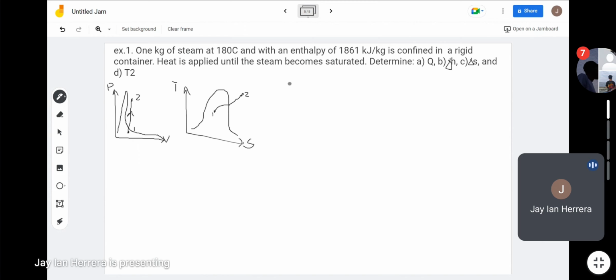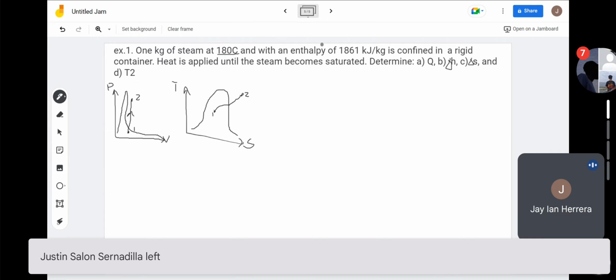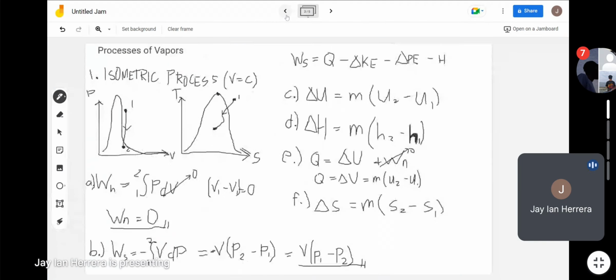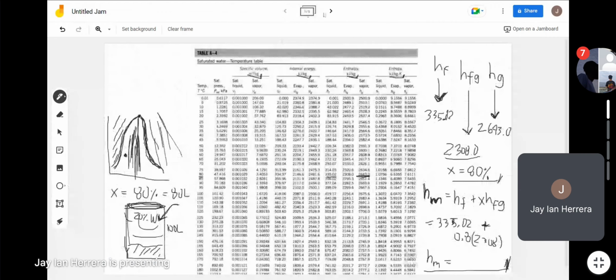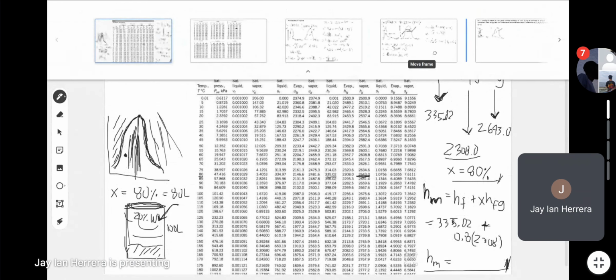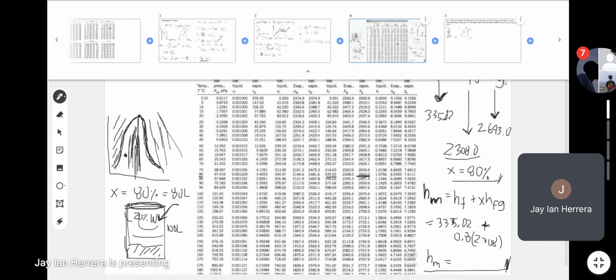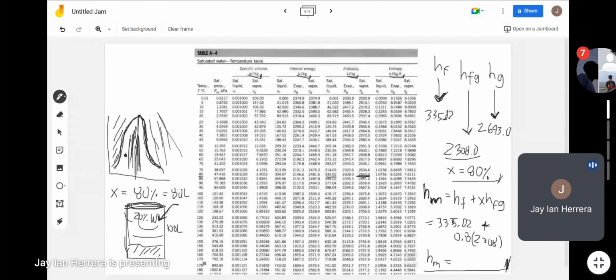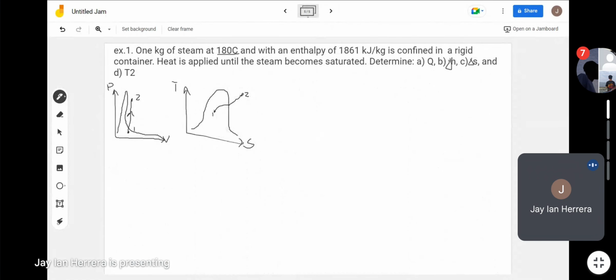We get the properties of steam at 180 degrees Celsius saturated. Under 180, internal energy isn't included, only entropy and enthalpy. But since this is isometric, the internal energy is our heat.